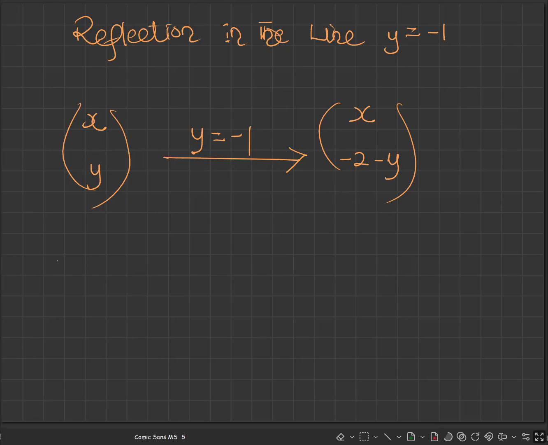That is, if you have the point x, y and you want to reflect it on the line y equals -1, x stays constant, and your y value becomes -2 minus your old y value. So let's look at an example here so that we see how we apply this formula.